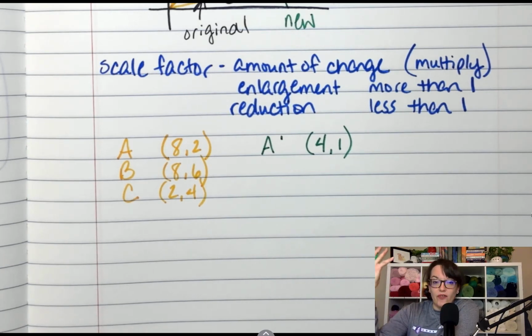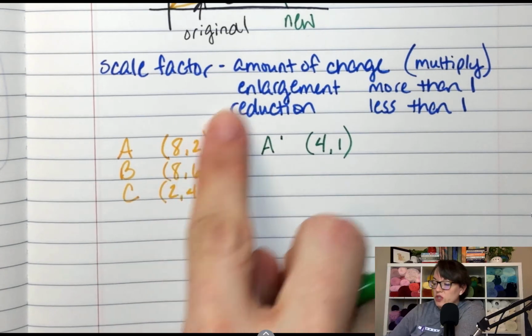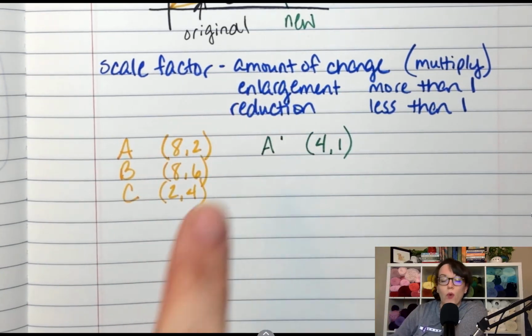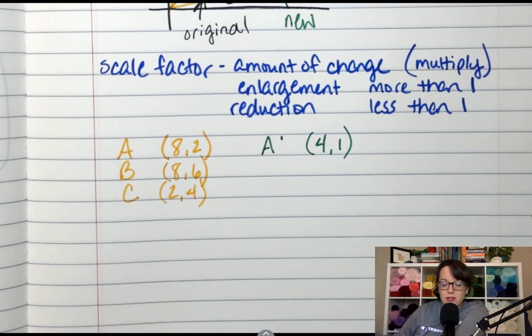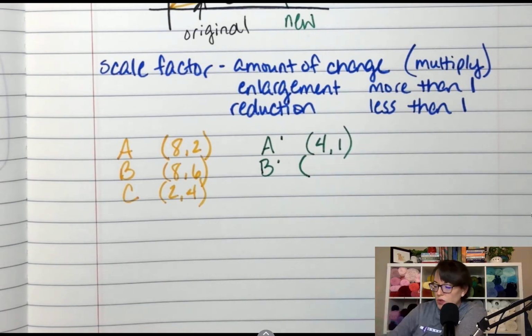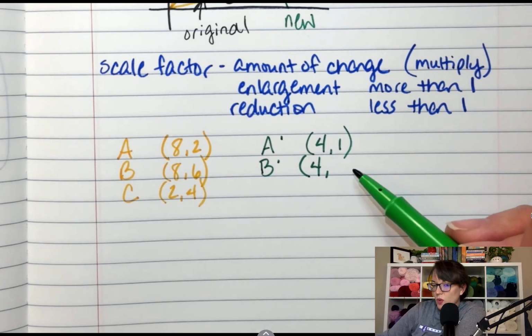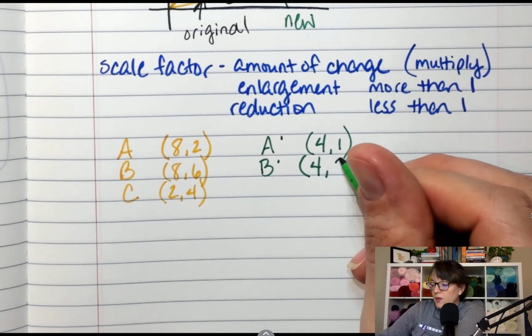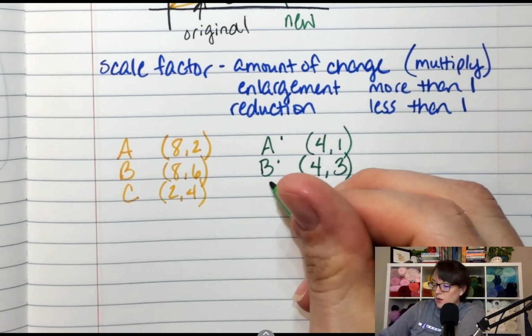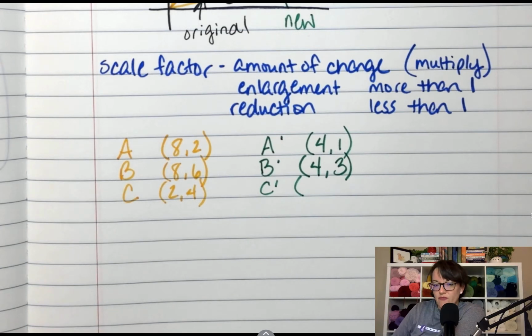It's halving. From 2 to 1, it's halving. So I'm multiplying by 1/2 or dividing by 2. What about B, keeping the same rule? What would X be for my new B? It would also be 4. What is my new Y? It would be 3 because half. What about new C? What would be the coordinates of new C?